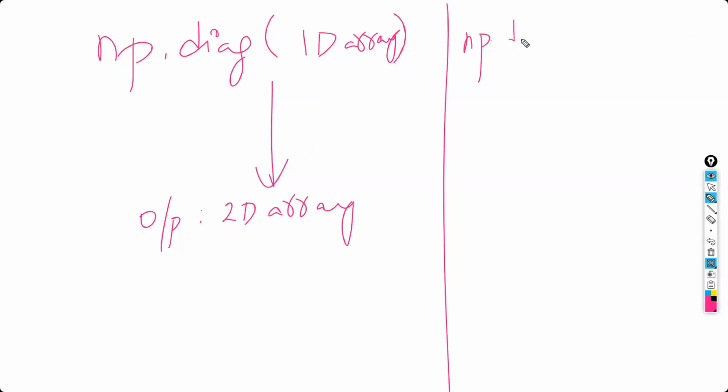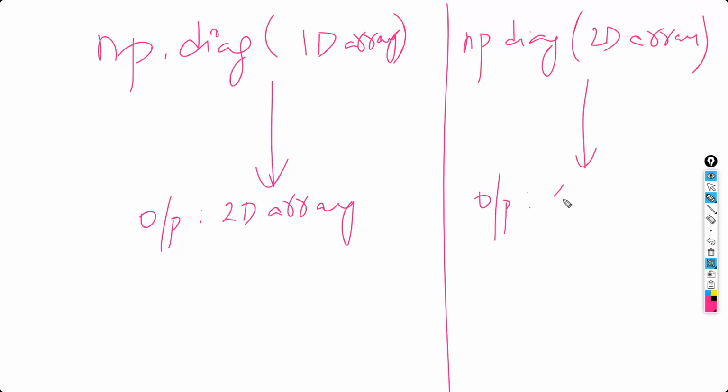If you give a 2D array as the input, the output will be 1D.